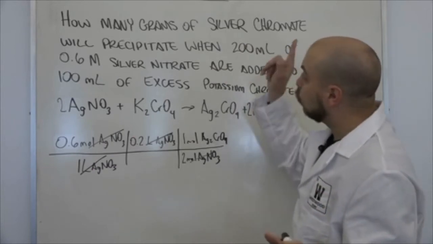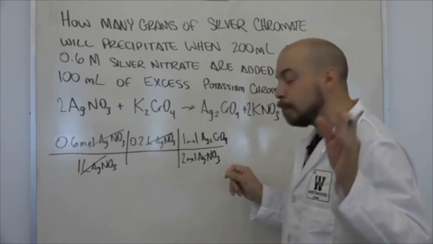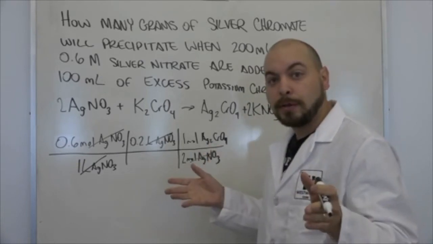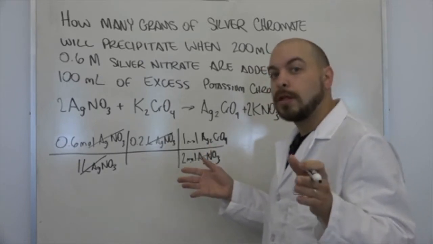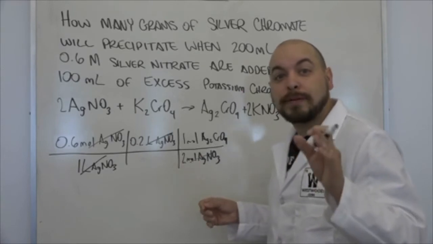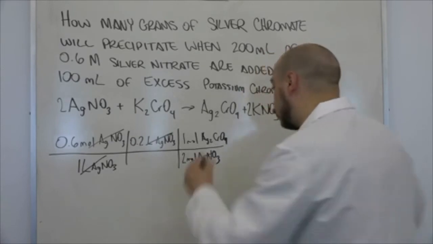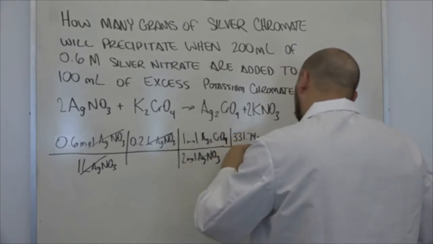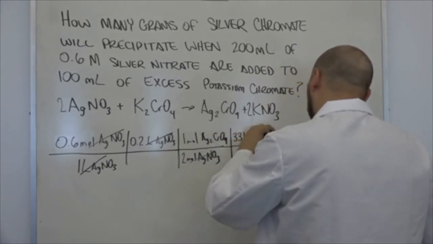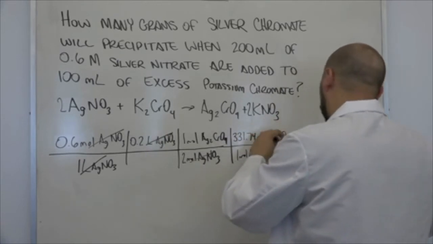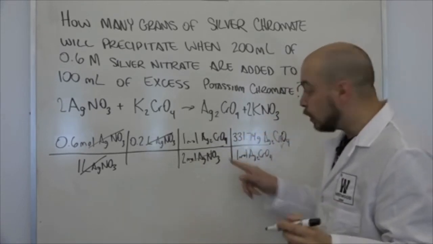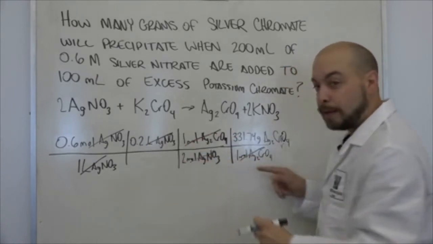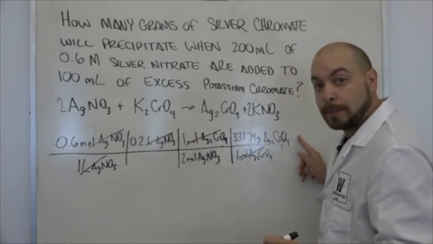We don't need moles of silver chromate. What we need is grams of silver chromate, which means we need to multiply by the molar mass of silver chromate. If you look at your periodic table, the molar mass of silver chromate is 331.74 grams per mole. Now that's going to lead us to cancel the moles of silver chromate, and we're left with just grams of silver chromate.